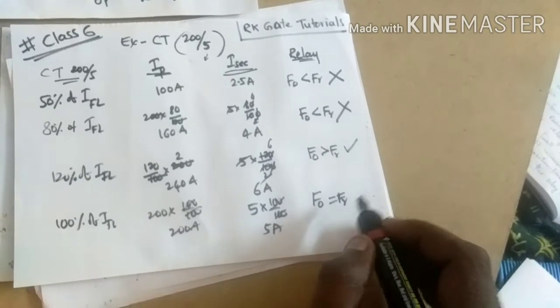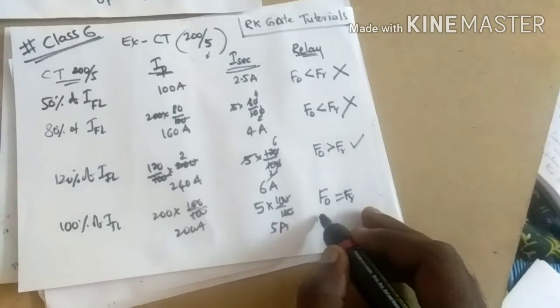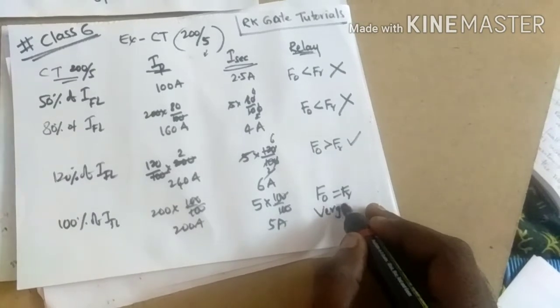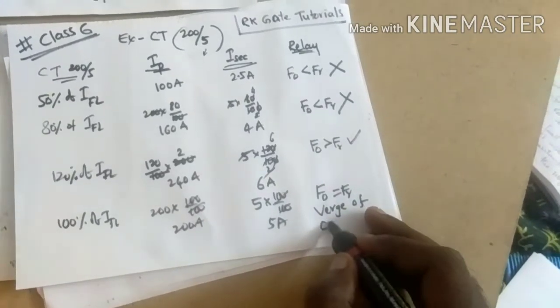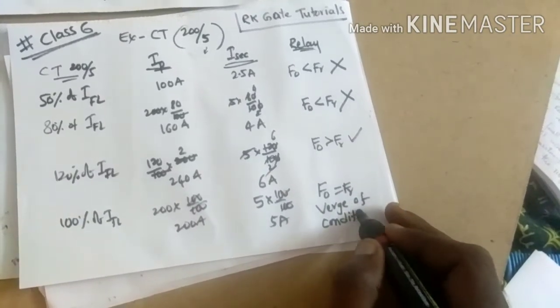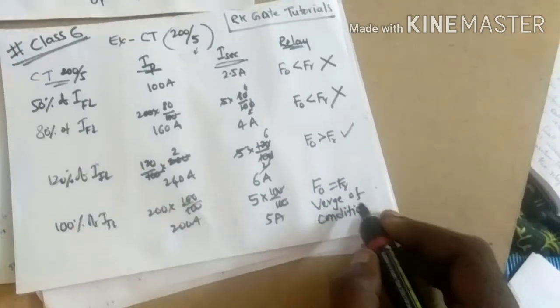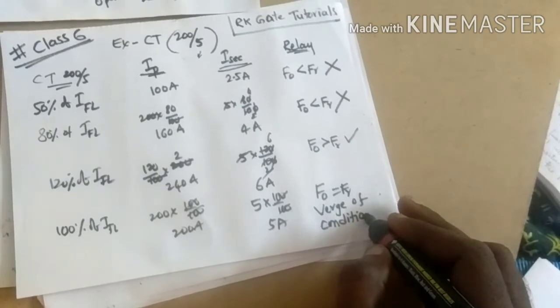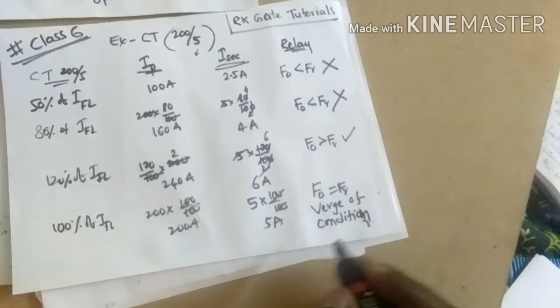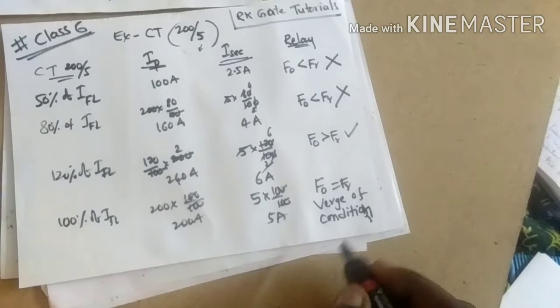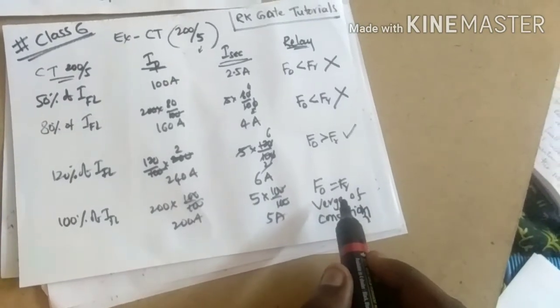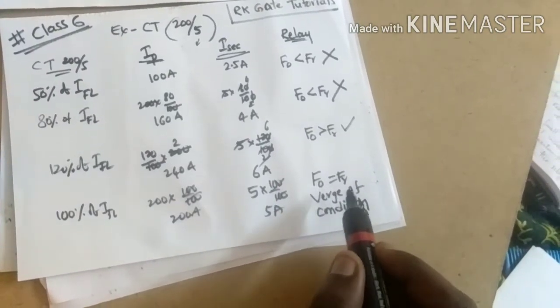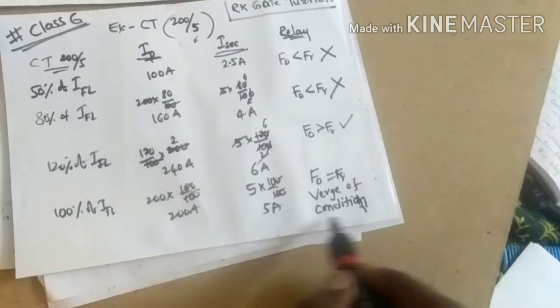Then does the relay operate? No. This is called the threshold condition. During the threshold condition, the relay will not operate, but it is ready to operate because it is a boundary condition.